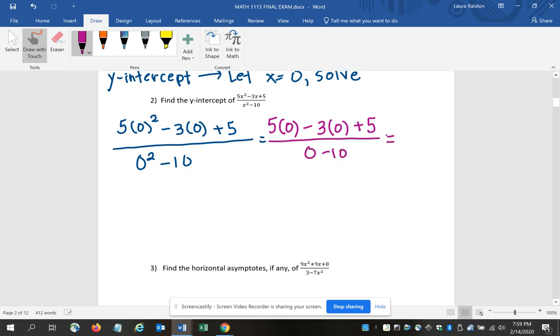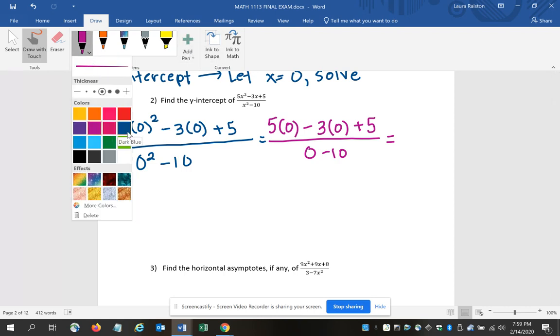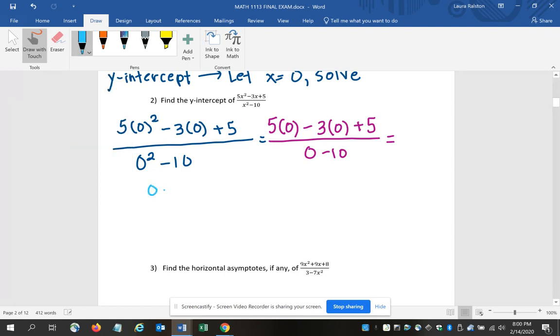And again, if you continue with those calculations, it's probably just as easy to put it into your calculator. 5 times 0 would be 0, minus 3 times 0 is 0, plus 5. 0 minus 10 in the denominator is negative 10.